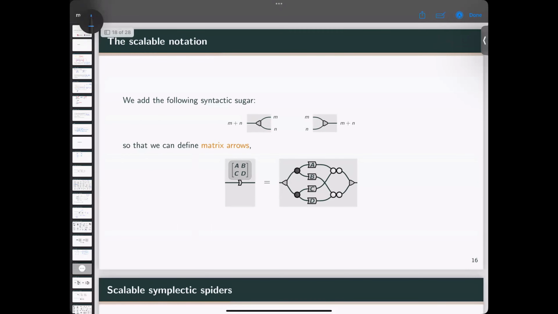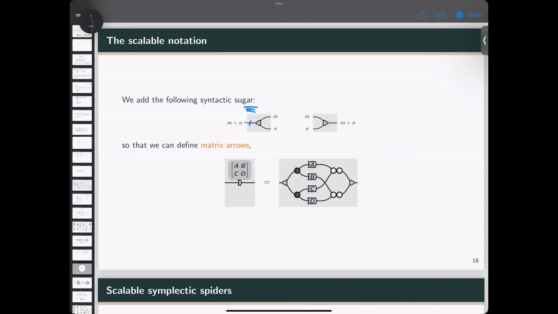So we introduce these generators where we have wires which are thought of as thick wires that essentially correspond to, in this case, M plus N wires that I've bundled together. And then I have these dividers and gatherers that allow you to split off M wires out of my collection of M plus N wires, and inversely pack collections of M wires and N wires into one bigger collection of M plus N wires.